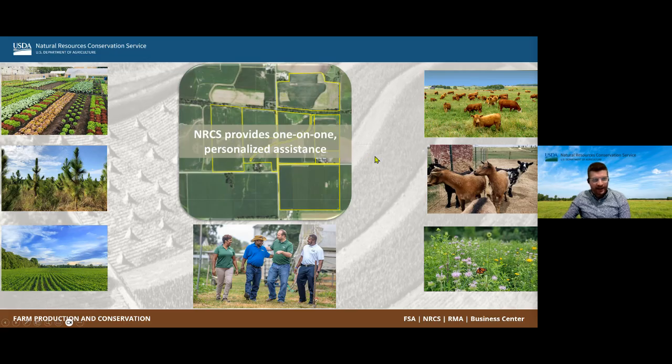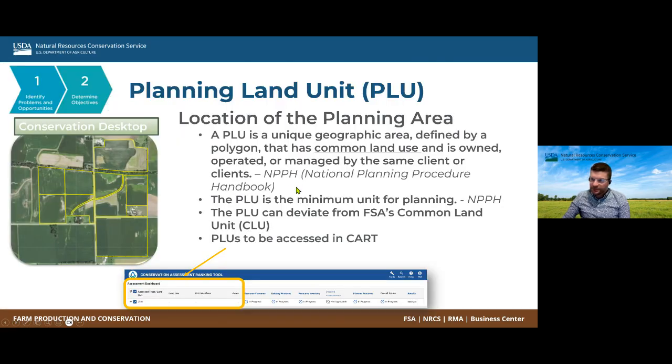You all are providing that unique one-on-one personalized assistance, and we built the system to support all those situations and allow you as technical users to interface with CD and CART to capture that conservation planning with those individuals. So as I mentioned previously, it all starts with the land.